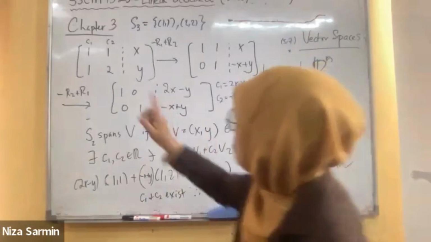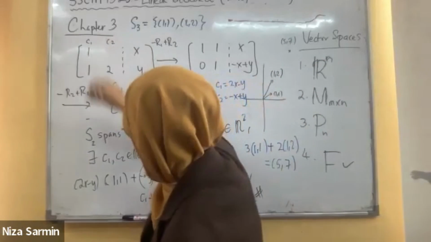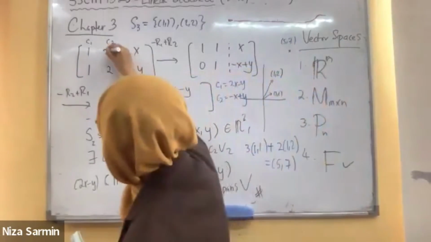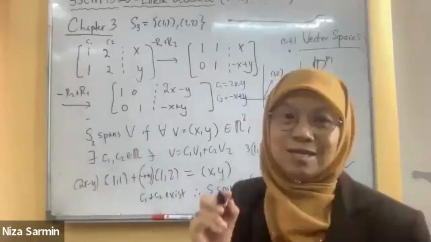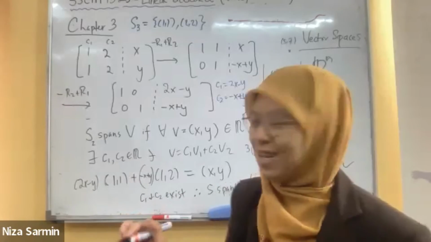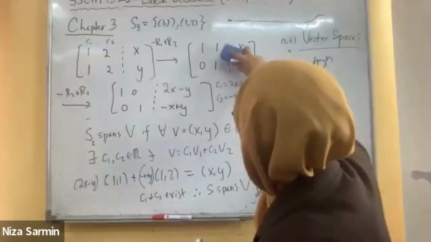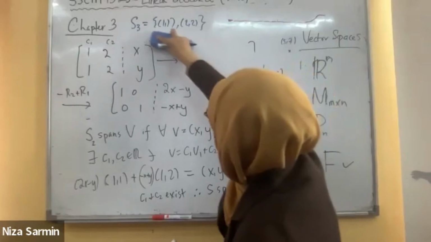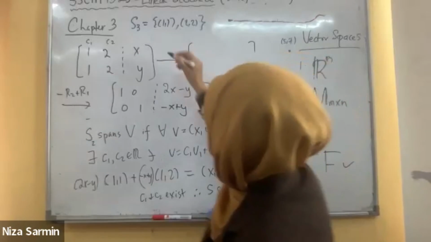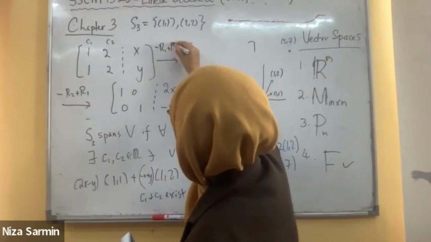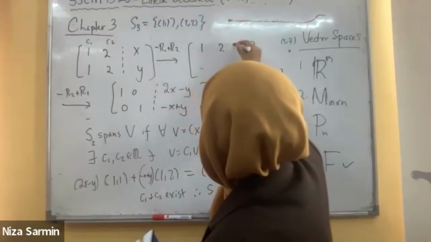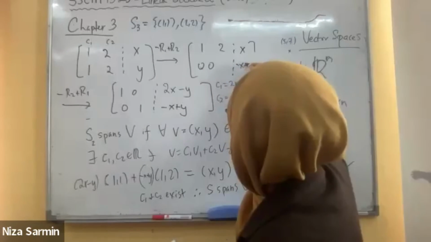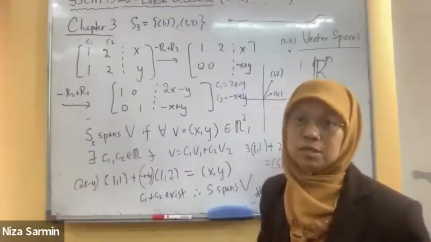Okay, so if I put (1, 1) and (2, 2) here, what happened? You will get 0 equal, right? Negative row 1 plus row 2. I will get 1, 2, x, 0, 0, negative x plus y. This system is inconsistent.